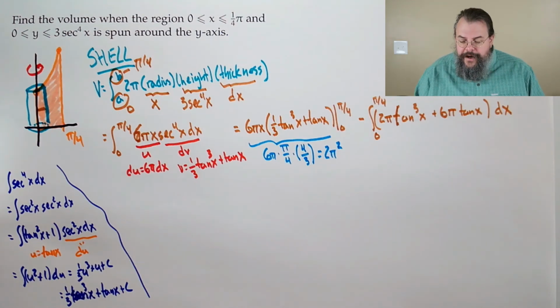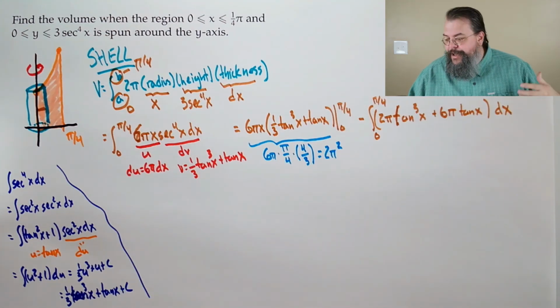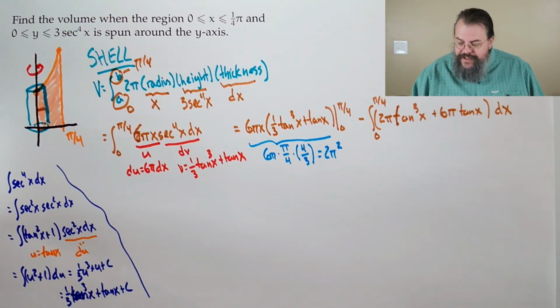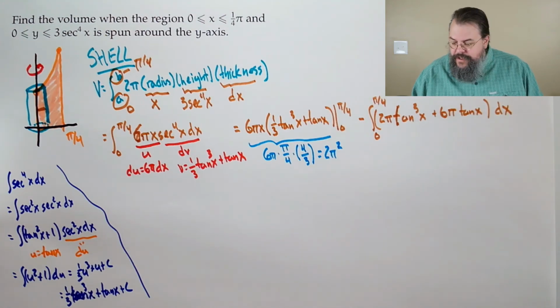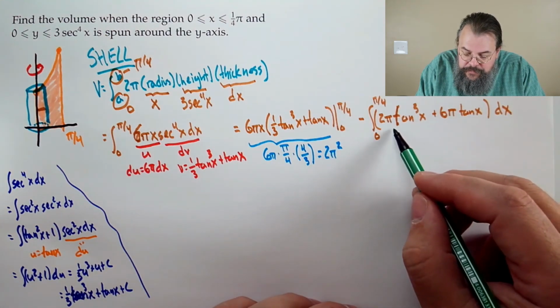We've come too far. We say, all right, well, if we can't integrate tangent cubed, can we rewrite it? And of course we know the answer is yes, because it's trig. The answer is always yes when there's trig involved. So it's almost a rhetorical question at this point, right? So we say, okay, look, tangent cubed is what?